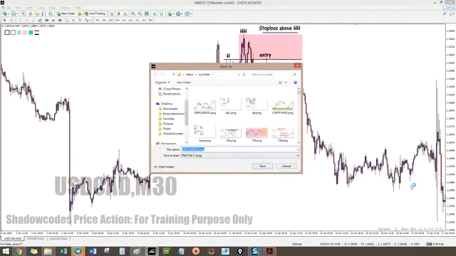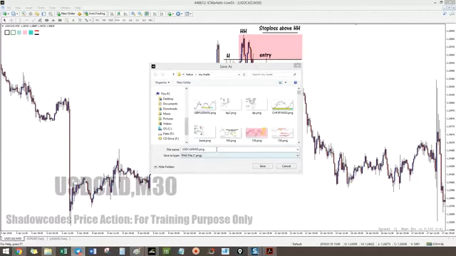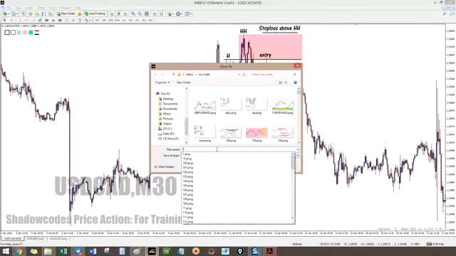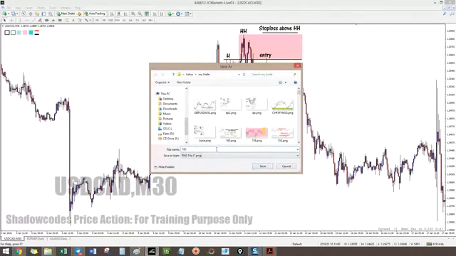What is the red zone? It's a supply zone. I think I need to write this down. QM supply.